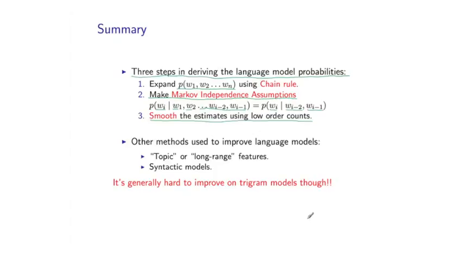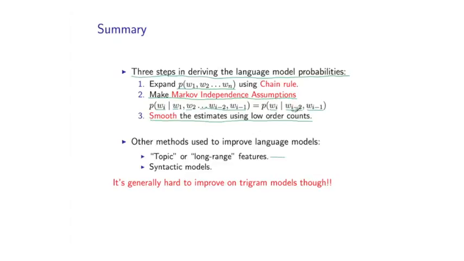So just briefly, language modeling is a huge industry, and there's been a lot of research in improved methods for language modeling. Some areas of particular interest are methods that model the underlying topic of documents or other long-range features of a document.